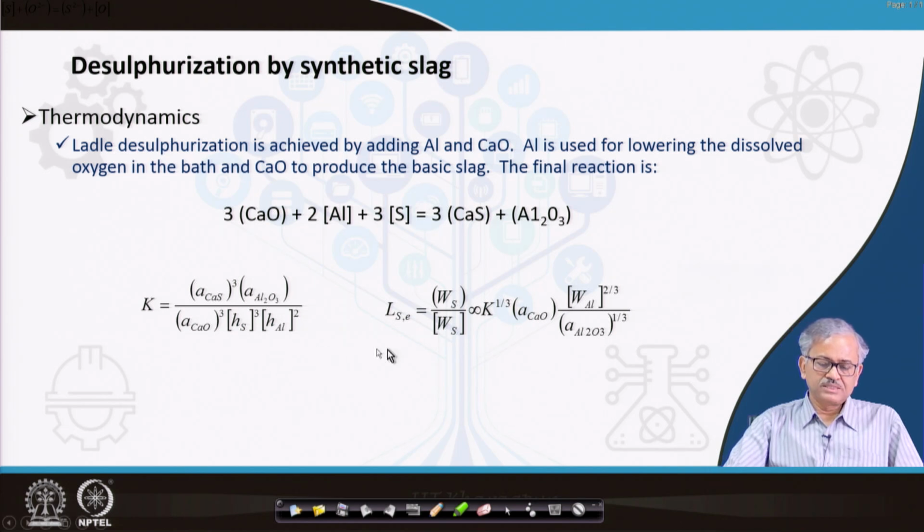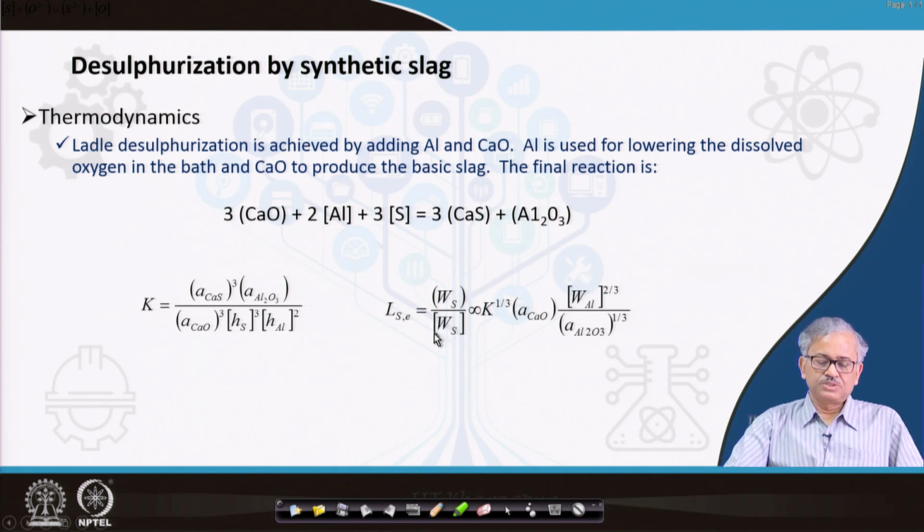But the point is that hS is directly proportional to wS, right. That is why we can write it this way, and this is called the equilibrium partition coefficient of sulfur, that is, the weight % of sulfur in the slag phase divided by the weight % of sulfur in the metal phase under equilibrium condition, called the partitioning.